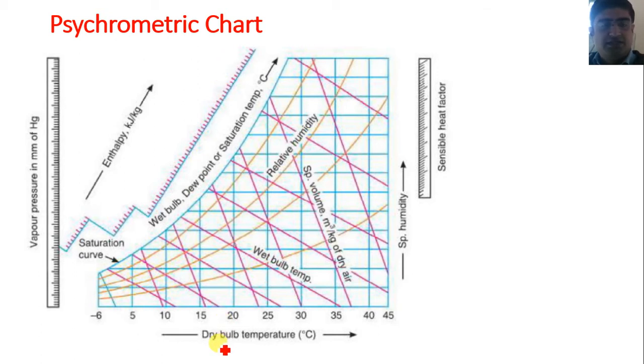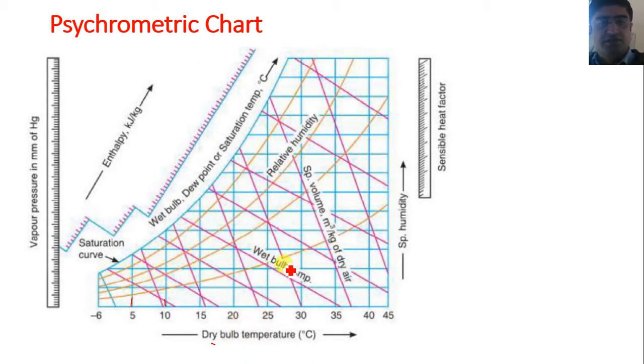On the x-axis you can see the dry bulb temperature is shown. The values are minus 5 degrees, 5 degrees, then 10, 15, 20, 25, 30, 35, 40 and 45. All the vertical lines indicate the dry bulb temperature. So here you can see the value of 5 degree, 10 degree, 15 degree, and this line indicates a dry bulb temperature of 20 degree.